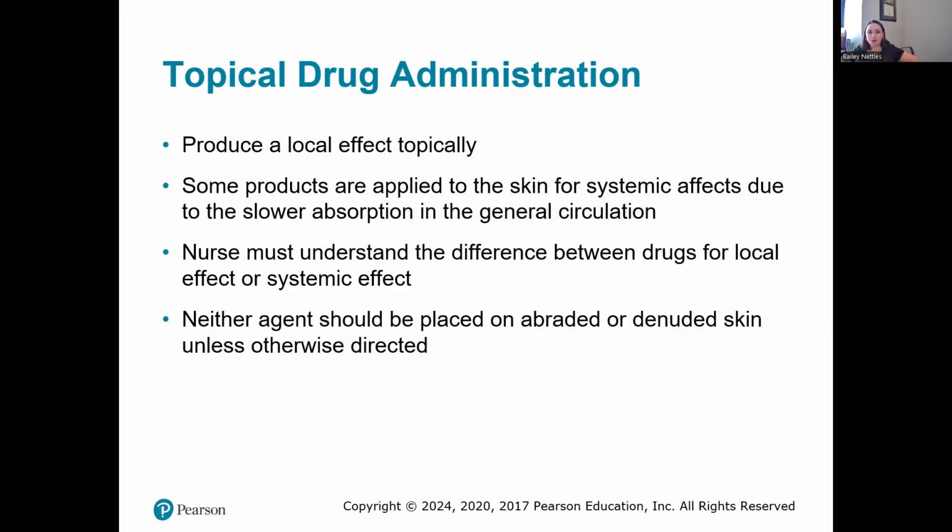Use common sense. If it's supposed to go on an open wound, put it on an open wound. If it isn't, don't. We also have to make sure we're checking our skin for breakdown, because if I put this very strong steroid cream on my skin every day, it may become red and inflamed. So we still have to monitor our skin.